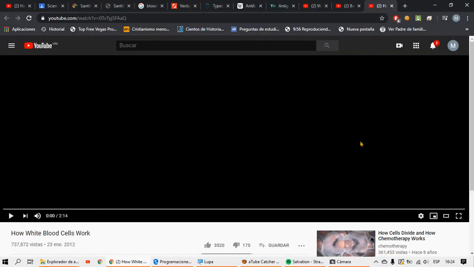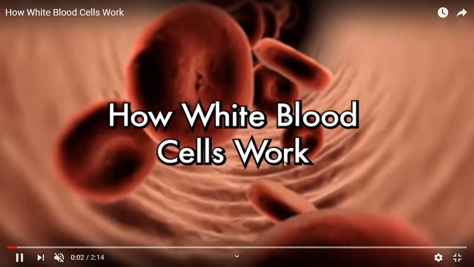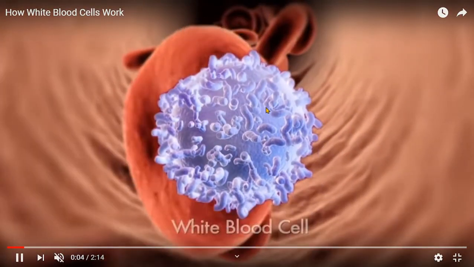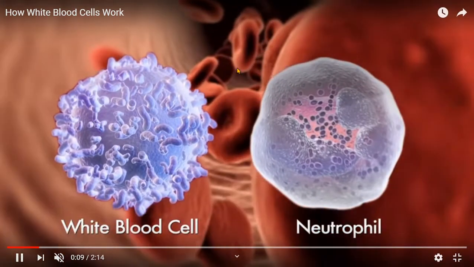Now we have another video, and this is a 3D presentation of how the white blood cell is going to work. Basically, the white blood cells are inside our blood vessels.